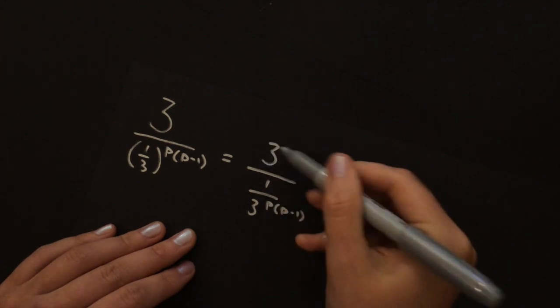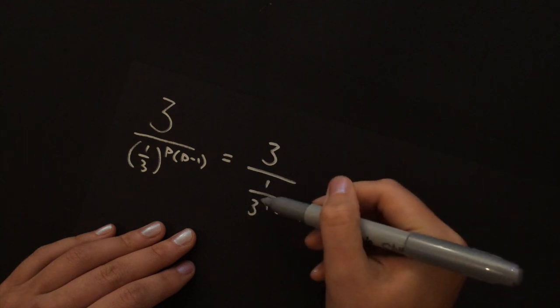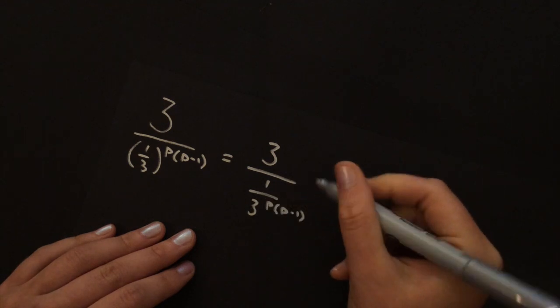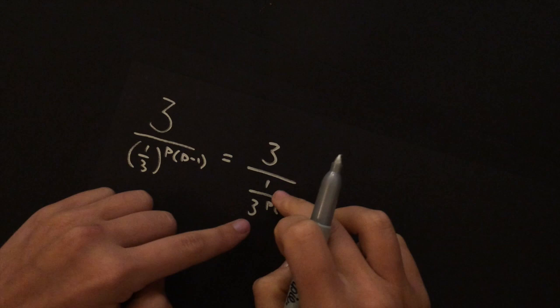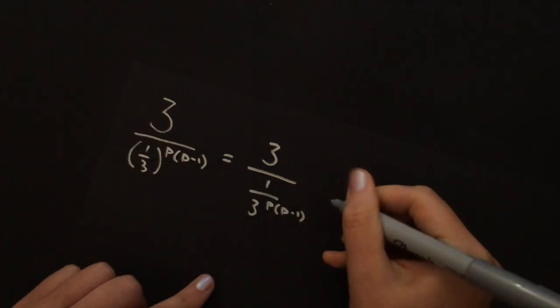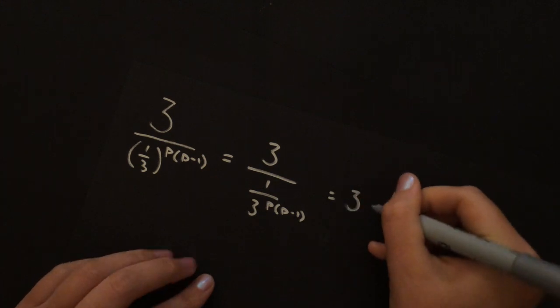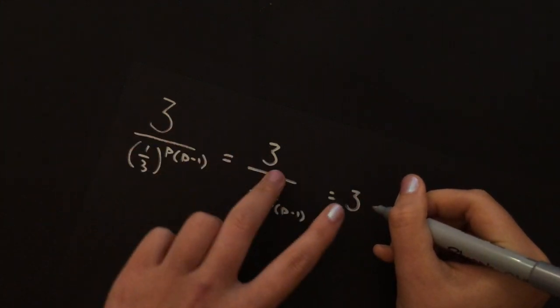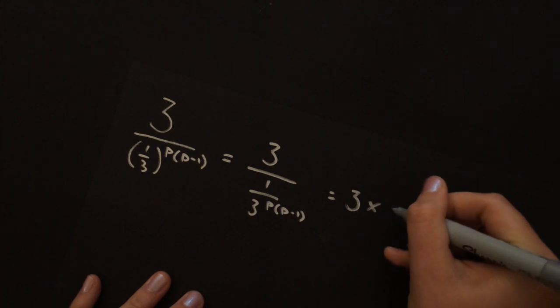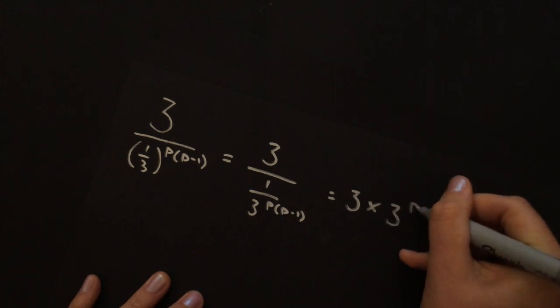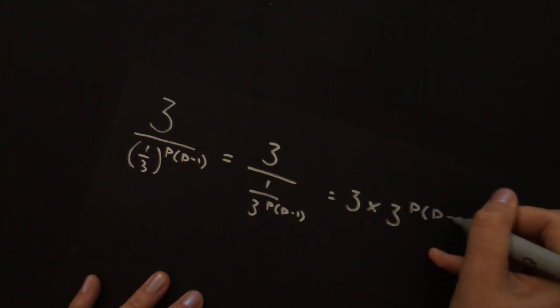So now I have a fraction with a fraction on it. If you divide by a fraction, it's the same as multiplying by the reciprocal. So if I flip this round, it's just going to have a 1 on the bottom. Basically multiplying by the reciprocal, I get 3, this is my 3 from the top there, times 3 to the power of p to the power of d.